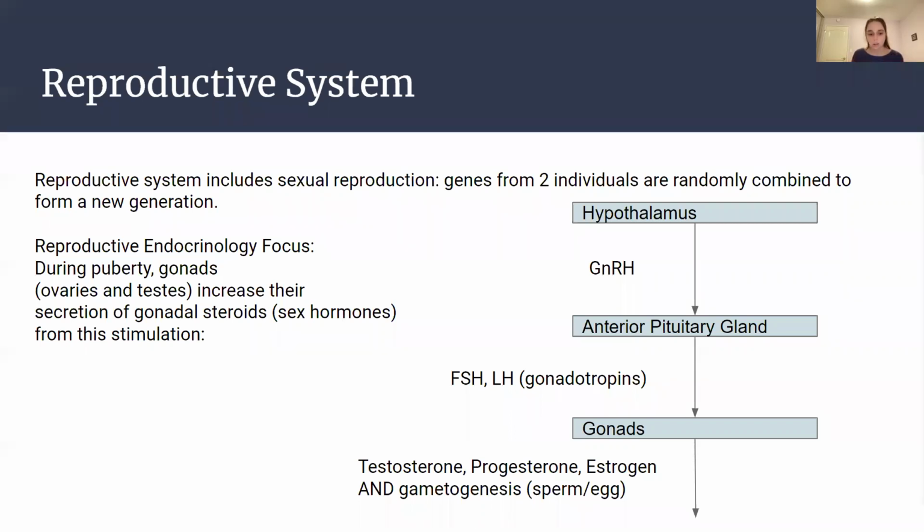And what prompts them to do that? Well, it's a stimulation going all the way back to the hypothalamus, a structure within our brain. During puberty, the hypothalamus is going to release something called GnRH. Can somebody tell me what that stands for? What does that abbreviation refer to?